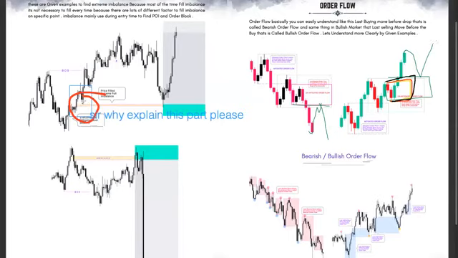Yes, this is an imbalance, a minor imbalance between this candle low and this candle high. Same thing is here.